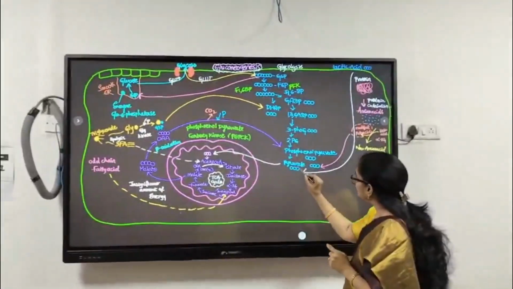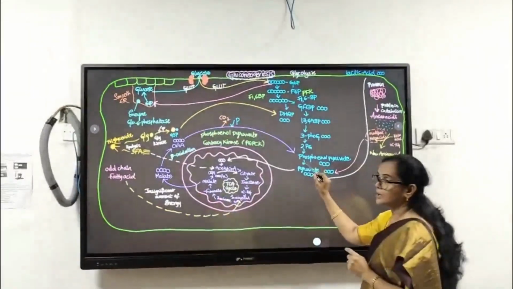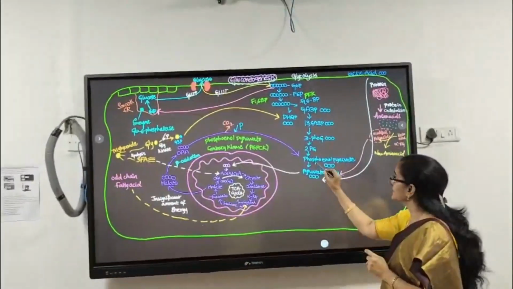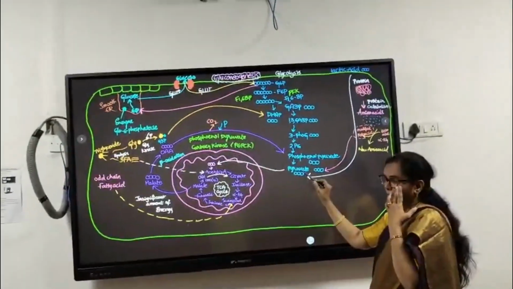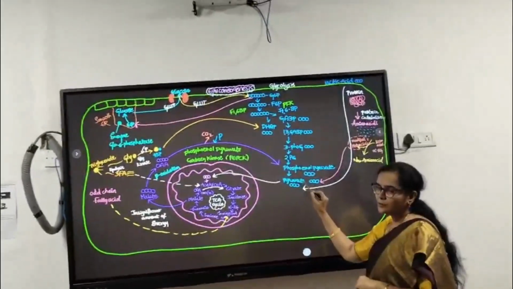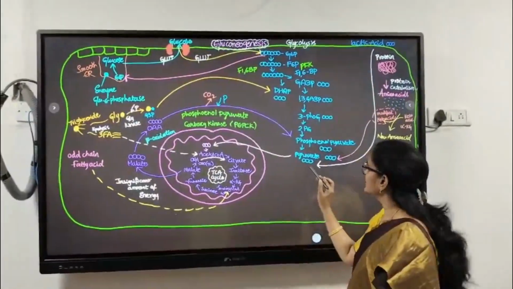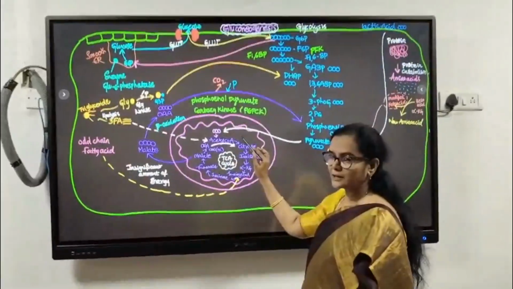This pyruvate, as such, cannot go back to form phosphoenolpyruvate, because this is an irreversible step of glycolysis which is catalyzed by pyruvate kinase.